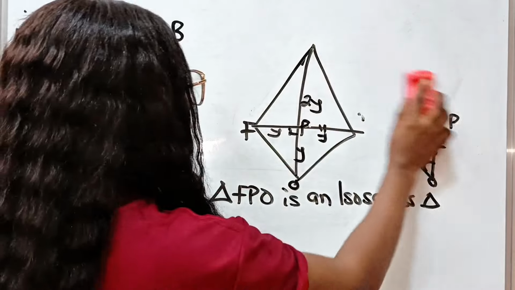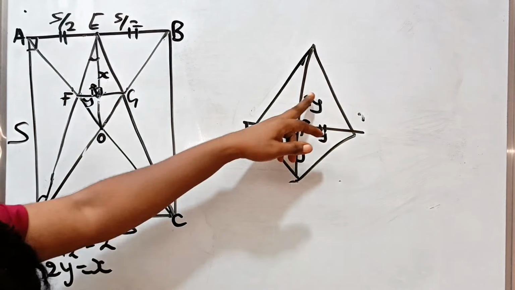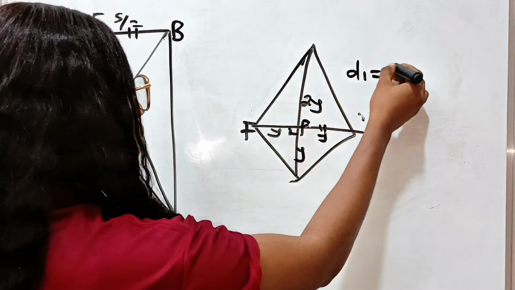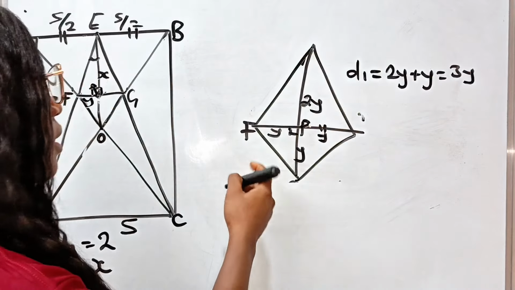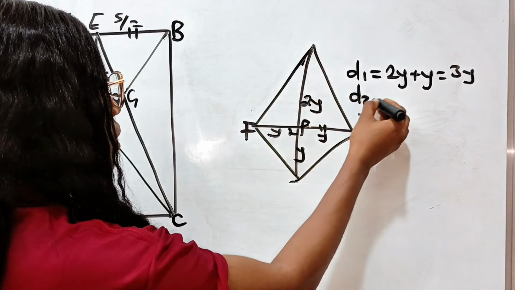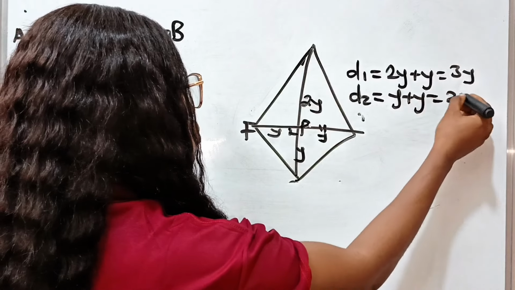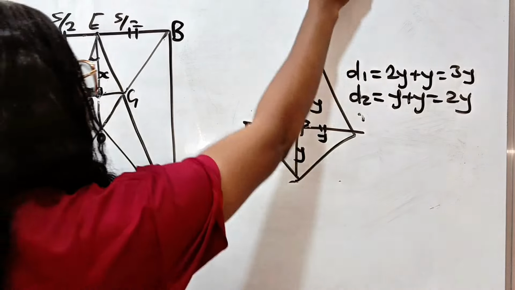Now, we can see that D1 is 2y plus y, which is 3y, and D2 is y plus y, which is 2y. Now, if you come back here, remember that D1 multiplied by D2 is equal to 2. This is what we have here.